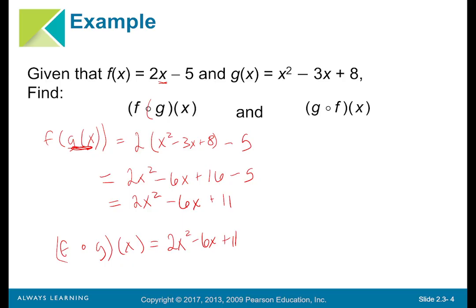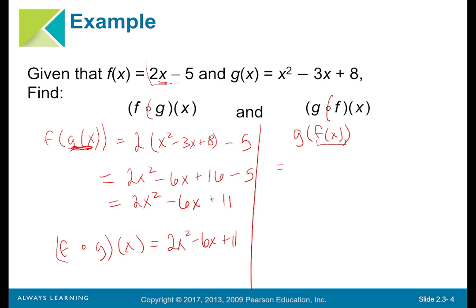Now, alternatively, I could have plugged f into g, and you'll see we get a very different answer. So if I plug f into g, I draw a parenthesis over my circle, which means I'm looking at g of f of x. So I have to take this f of x and plug it into g. g is my outer function.